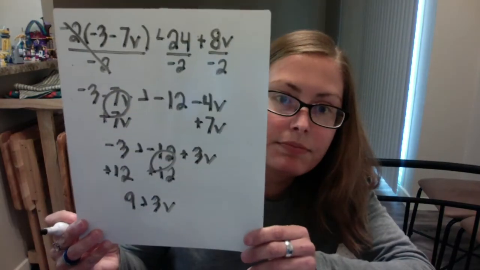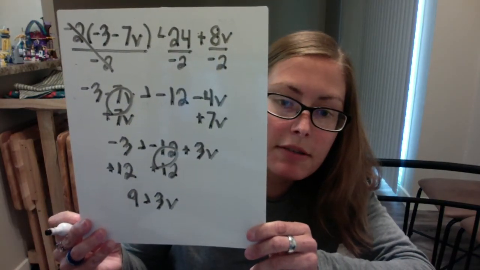We get 9 is greater than 3v. And we're going to divide both sides by 3. And we get 3 is greater than v.